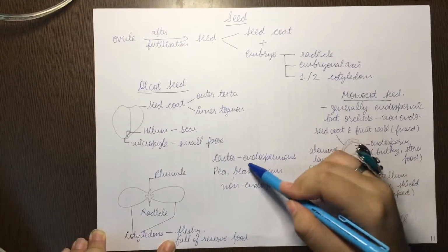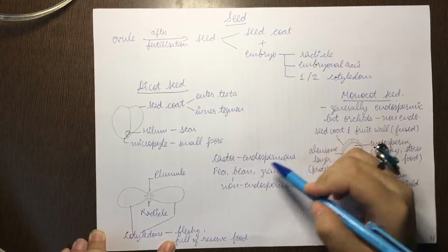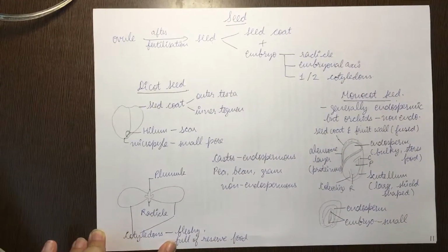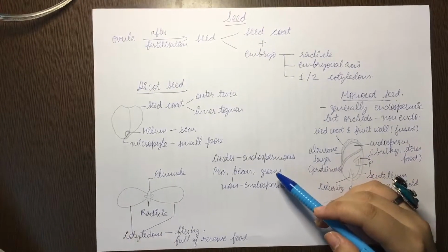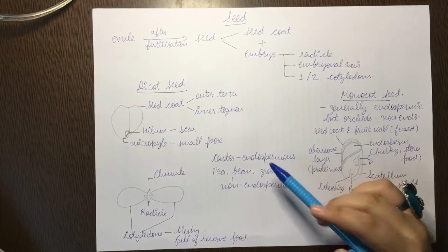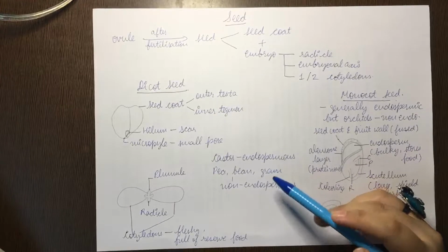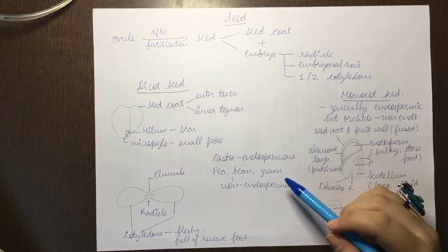Castor is an example of endospermous, and pea, bean and gram are non-endospermous. By endospermous we mean in castor the endosperm is formed as a result of double fertilization.